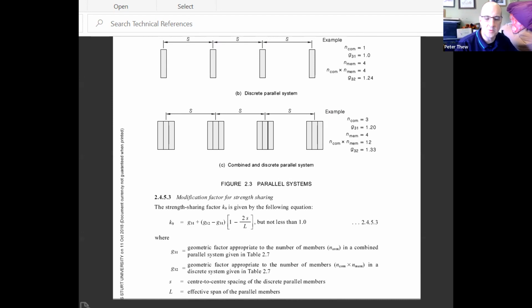And I don't know, what's the span of those beams above your scene? Is that a bed? Same size. Yeah, it's a bed. Okay, so 1200 span, probably 1.2 meters wide. Okay, so the L is 1200. The S is either 100 or 150, something like that. And so you work out that equation, you will get a value for K9.